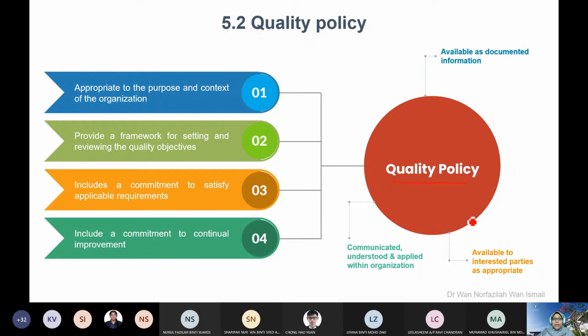And this quality policy should be available to interested parties. Those interested parties should know the quality policy of your laboratory, and this must be available as documented information. Whether it is maintained or retained, please refer to the standard given to you in the column.